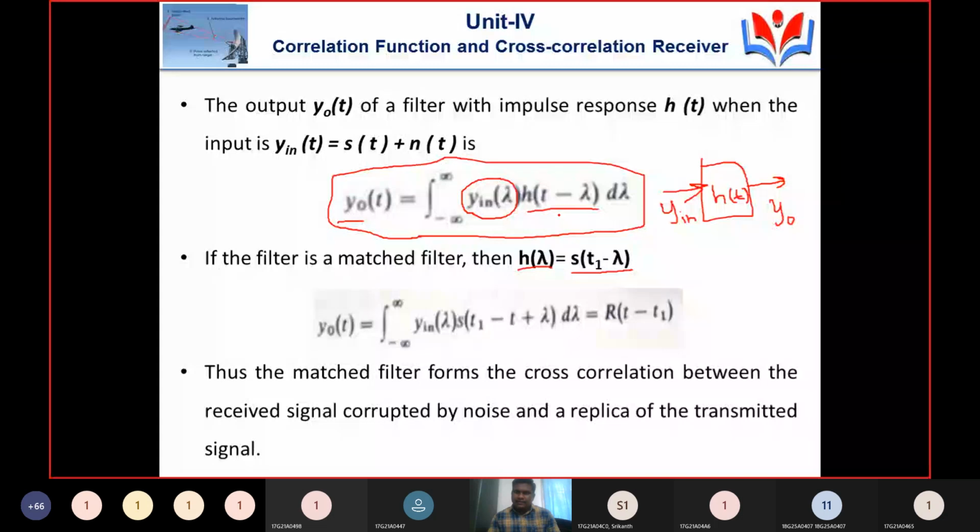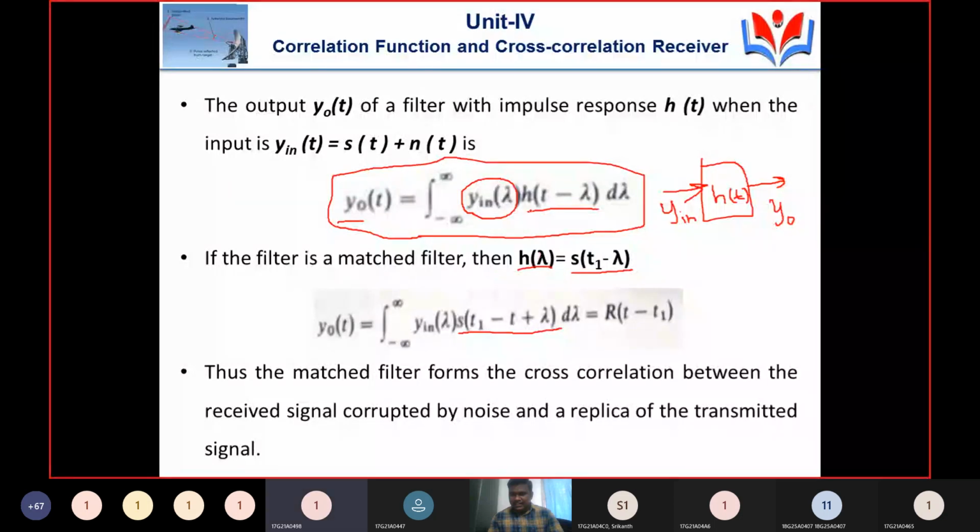By substituting that, we can write the signal like this. In place of h of lambda, what we need is h of t minus lambda, so we have to consider this t minus lambda instead. So we can write s of t1 minus t plus lambda d lambda. This is nothing but r of t minus t1.